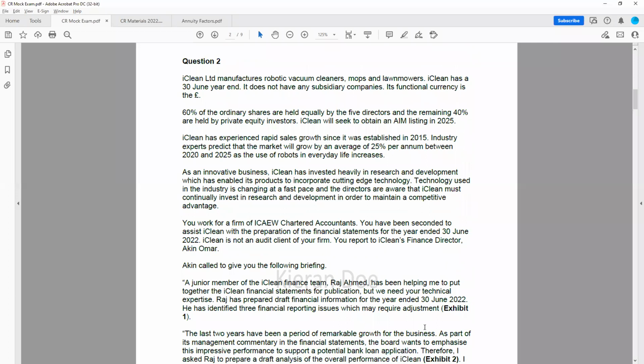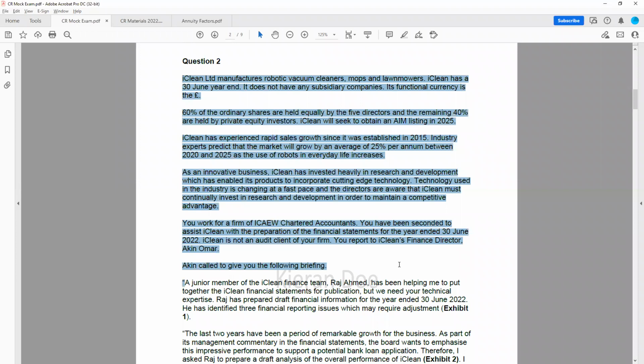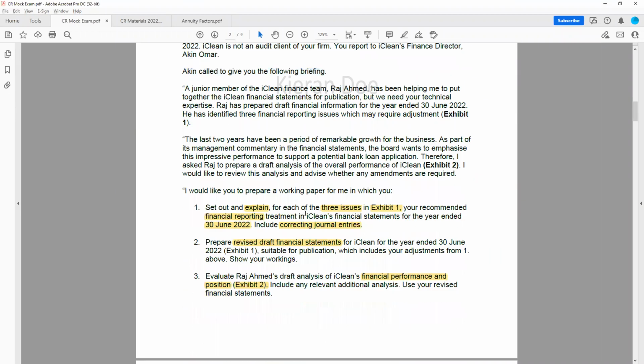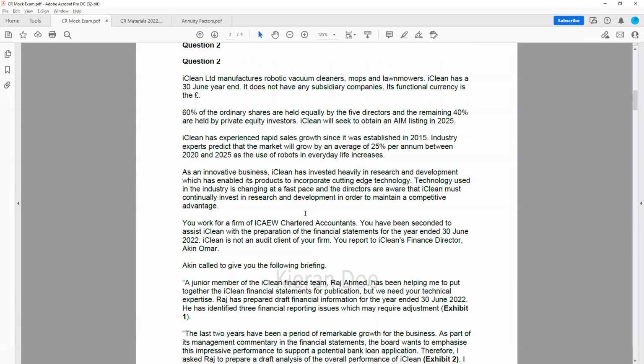I'm not saying this part isn't important. You should absolutely read it, but I'm just explaining that this is generally in the same format each time. And if you've looked at the requirements and the exhibit, it tends not to tell us anything that's really new or surprising. So we're being told that iClean manufactures robotic vacuum cleaners, mops, and lawnmowers.